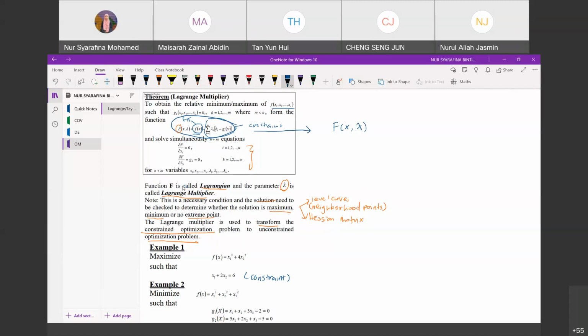Okay, f(x) equals what? f(x) is x1 squared plus 4 x2 squared.